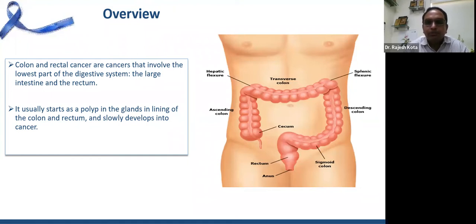How does this cancer start? It starts as a small polyp in the glands of the lining of the large intestine. Sometimes it can start as a small, non-healing ulcer, which later develops into cancer.